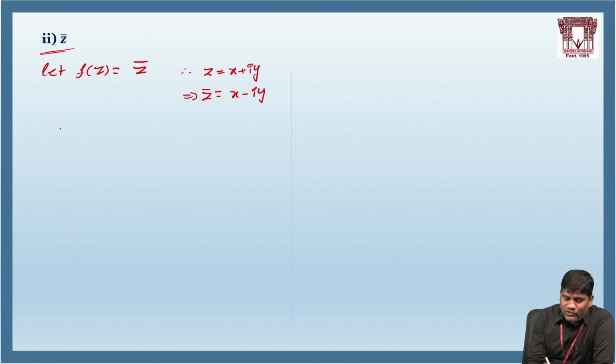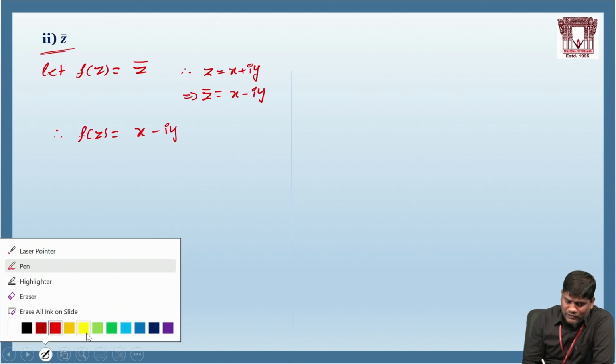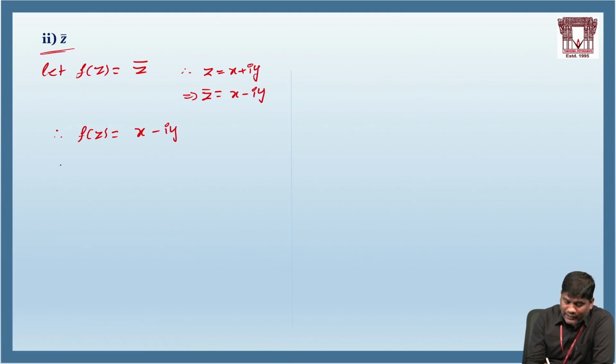We substitute this in the given function. Then f of z is equal to x minus iy. Here the real part u is equal to x and the imaginary part v is equal to minus y.